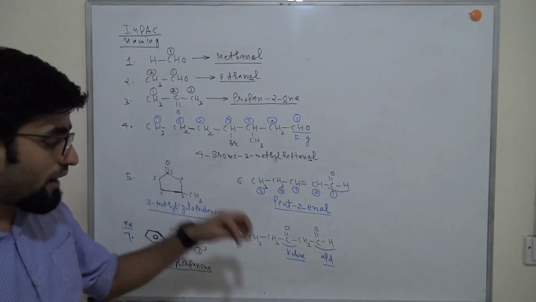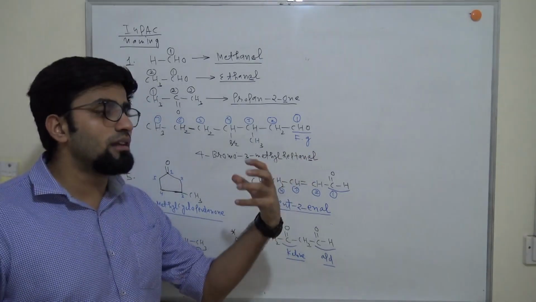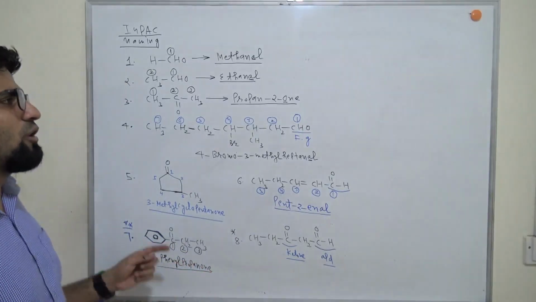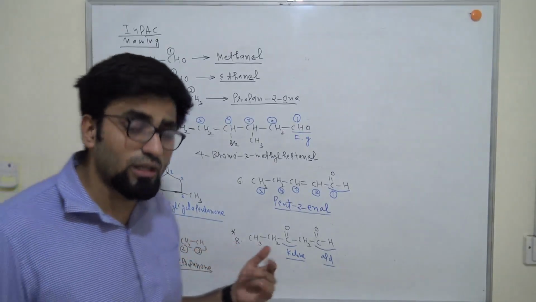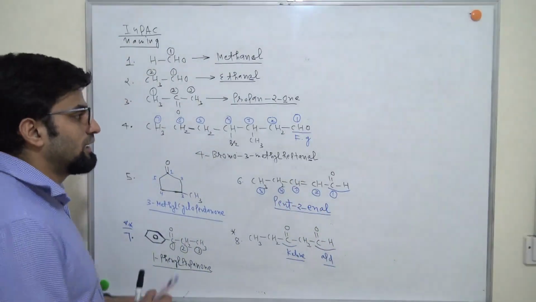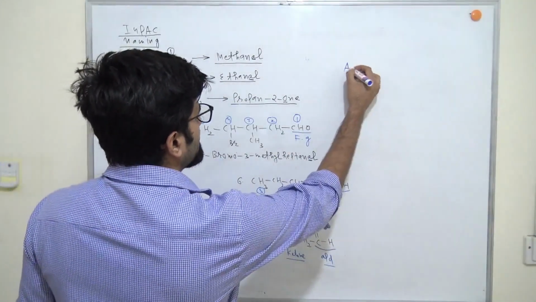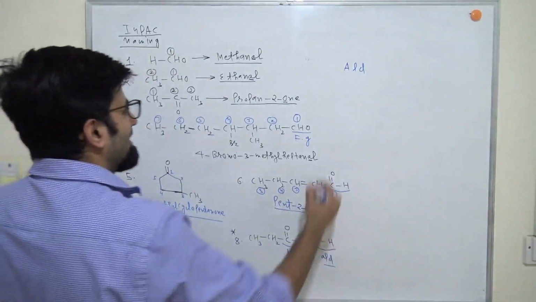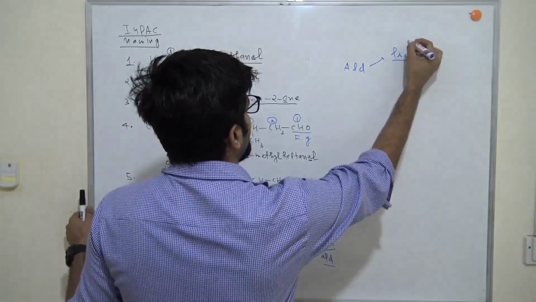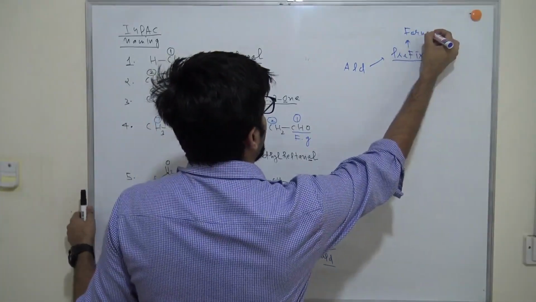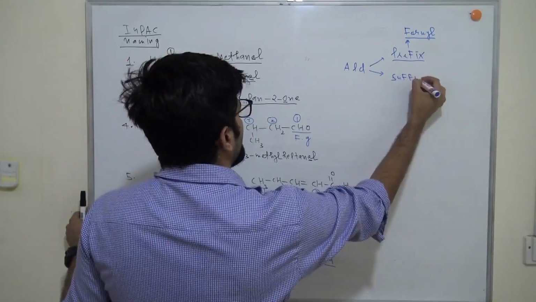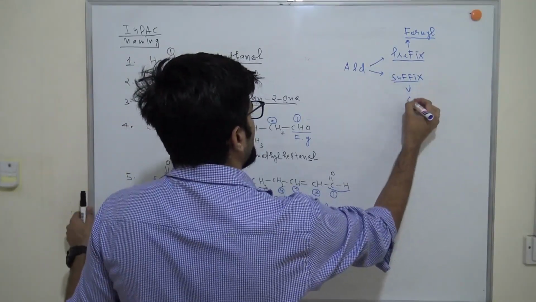The functional group which is acting as senior, we use the suffix for that. You know, alcohol has the OH group with suffix ol, and the prefix is hydroxy. Similarly for aldehyde, there is a prefix and a suffix. The prefix is formyl, and the suffix, as everyone knows, is al.